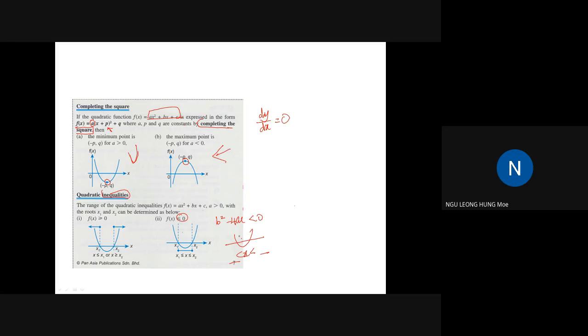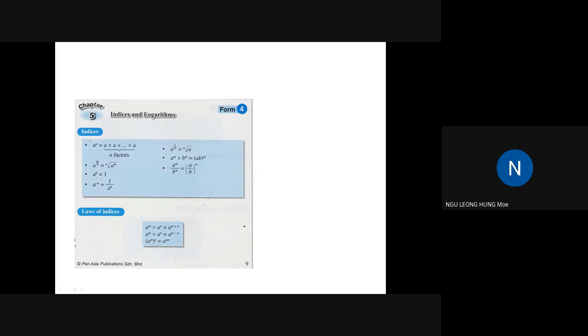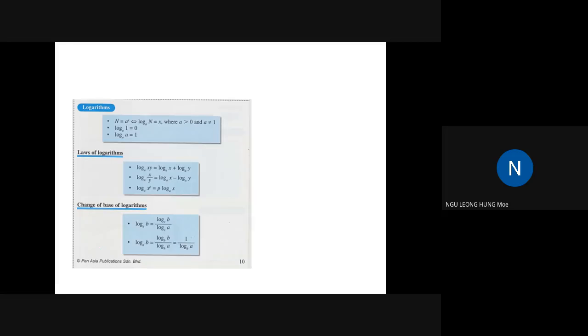If greater than 0, like this, here and here. Okay, if you have any problem, you stop me. Simultaneous, this one should be no problem. Chapter 4, chapter 5. Okay, this one all is given. If you're not really confident, always refer to the formula.